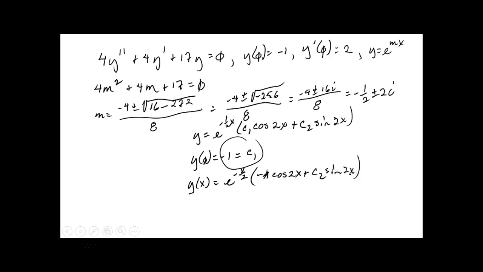That's all we know right now. And what do we need? What's the next thing we know? Your y prime. So let's plug in what? Let's take our first derivative. Y prime of x is equal to, okay, I'll buy that, e to the minus x over 2. A little louder.